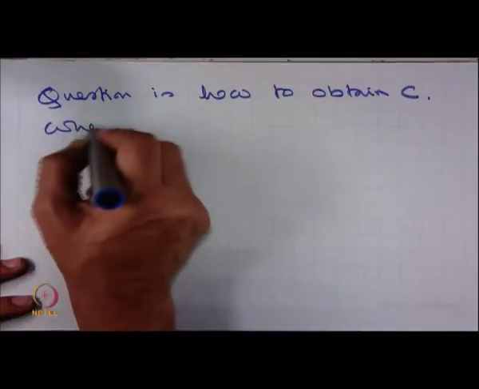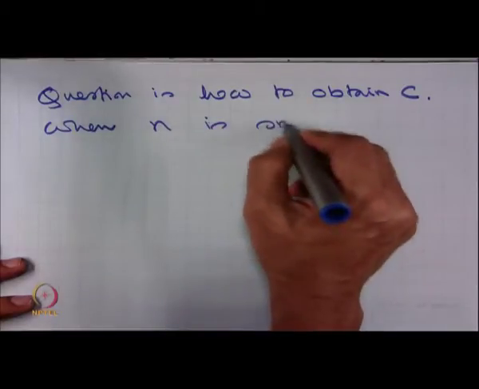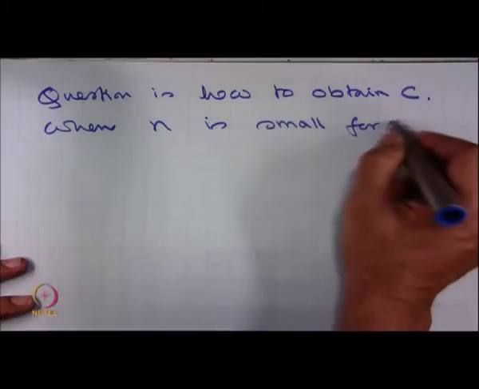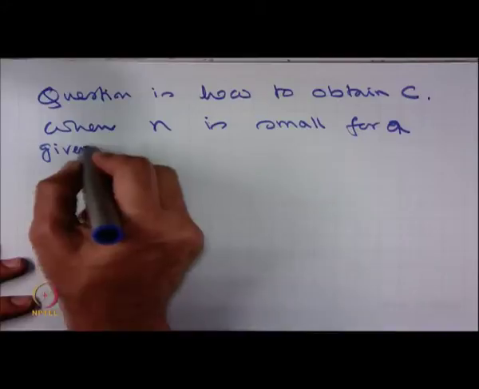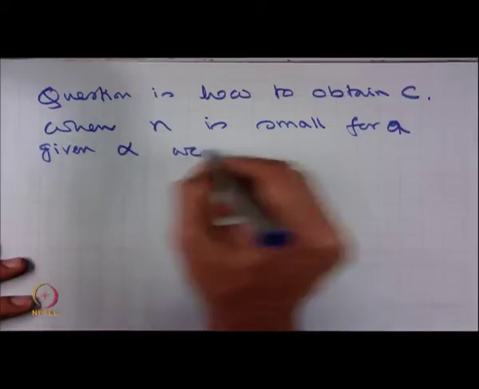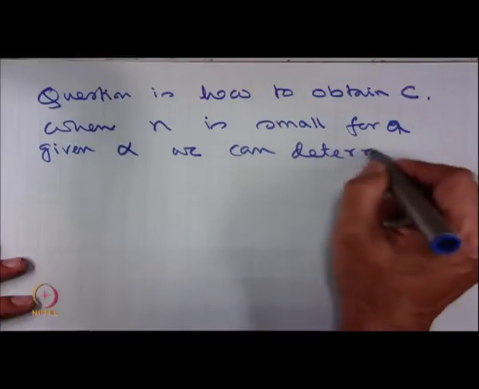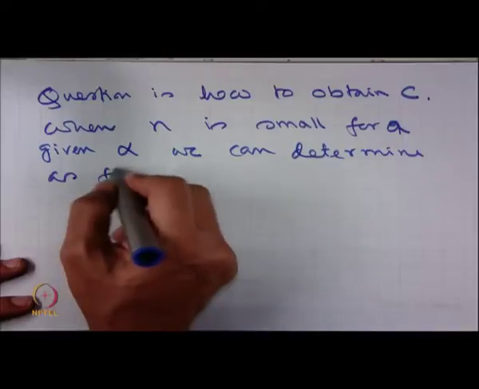When n is small, for a given alpha, we can determine it easily as follows.